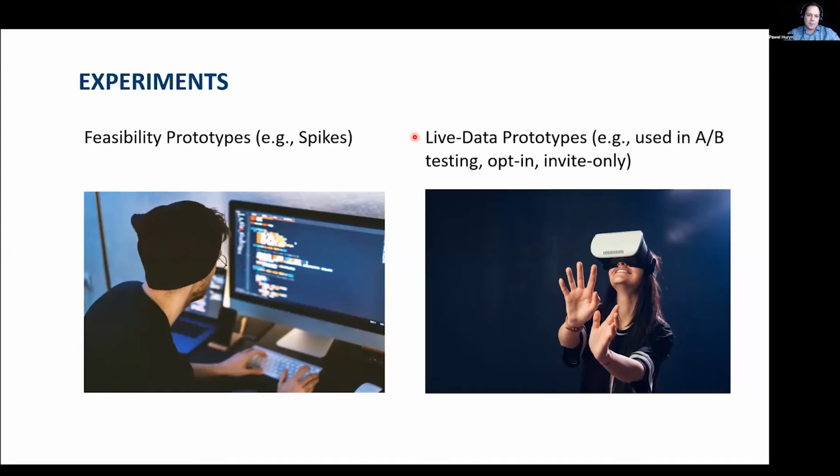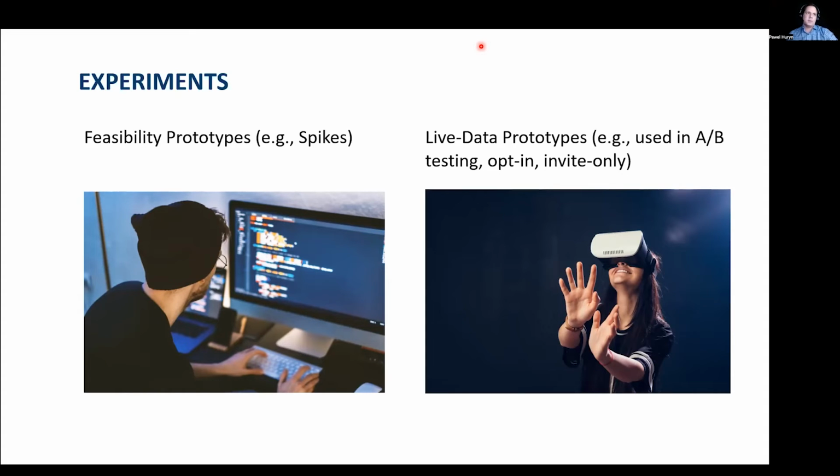And live data prototypes, this is the most important, the most advanced type of experiment. It basically requires implementing some part of functionality, but this is not a real product. And it is often used in A/B testing or invite-only testing. So this type of application doesn't have to support a lot of users. In A/B testing, we can just say that 1% of users will see a new version of the application. It is not intended to implement all the possible scenarios, maybe only the simplest one.